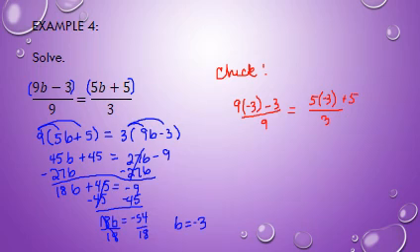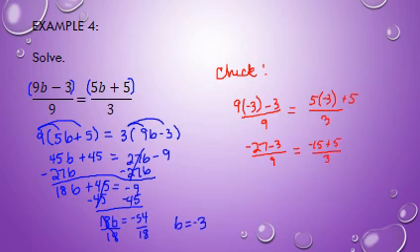Alright, so now we follow our order of operations. I'm going to multiply first, so that gives us negative 27 minus 3 all over 9. And on the other side, we've got negative 15 plus 5 all over 3. Okay, now we're going to do the subtraction.